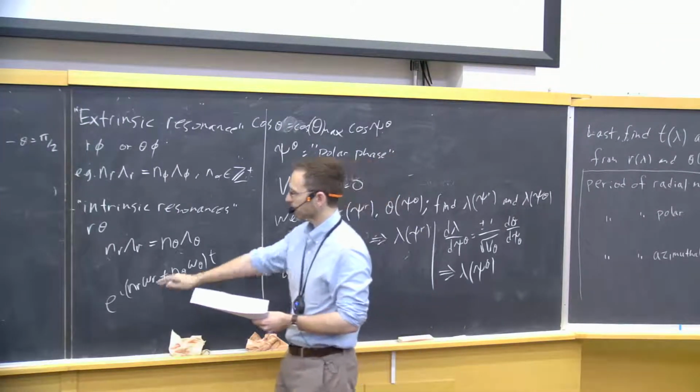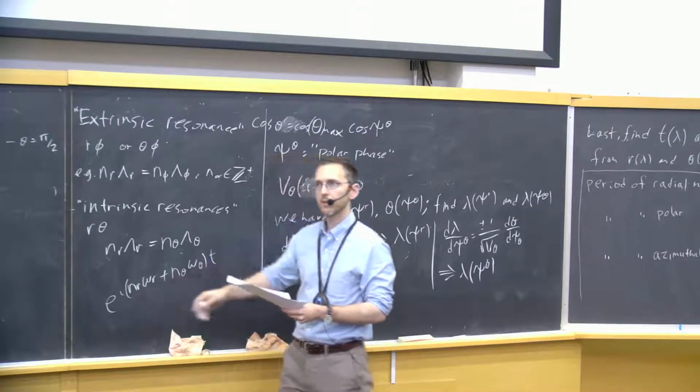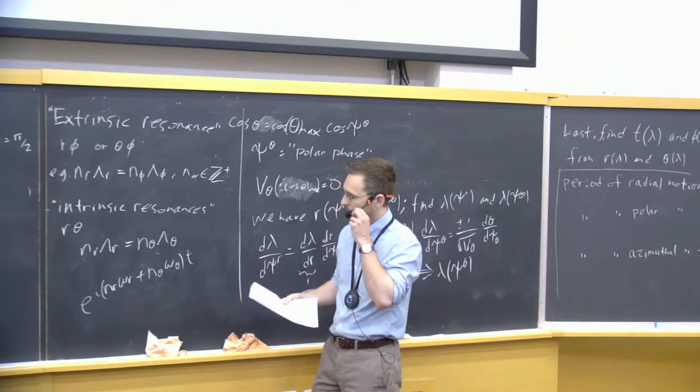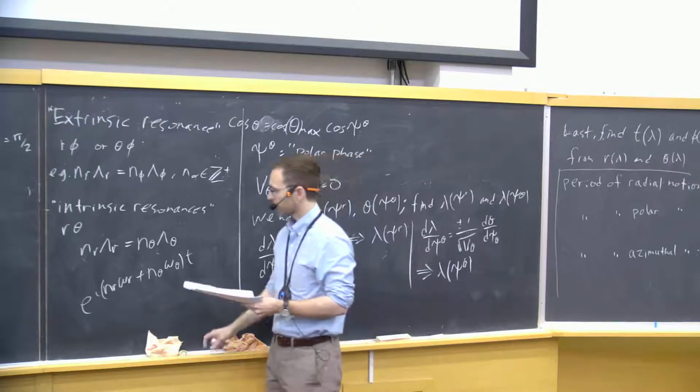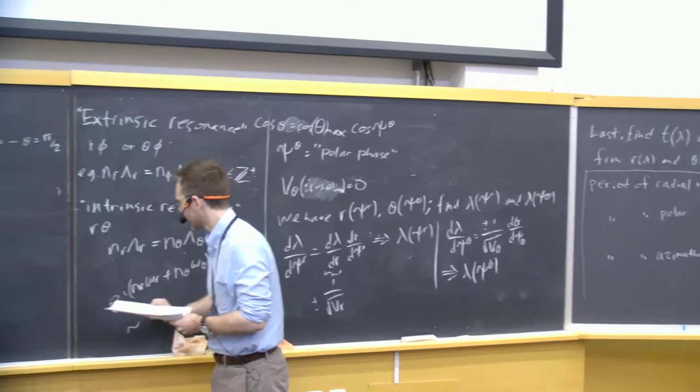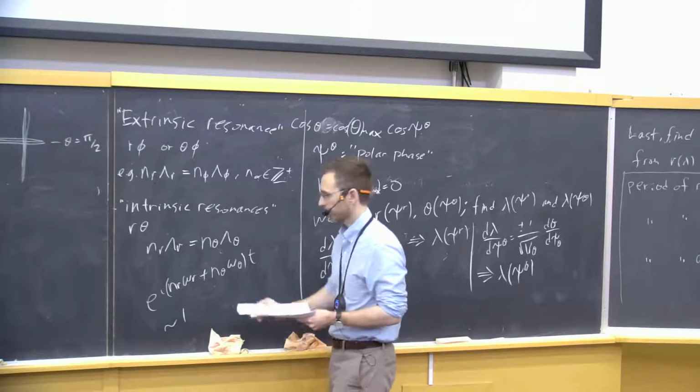You'll have these kind of oscillatory functions in your dynamics that are oscillations of your radial phase and polar phase, but at a resonance, this is just one.